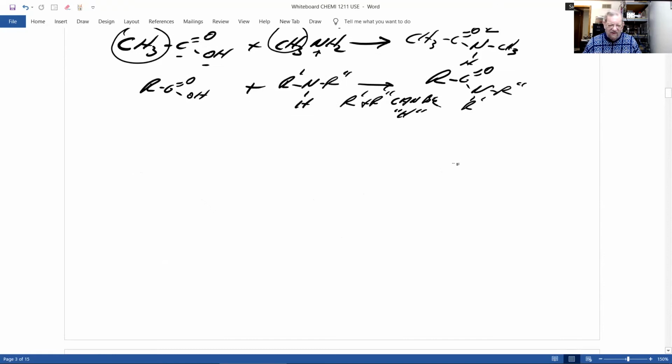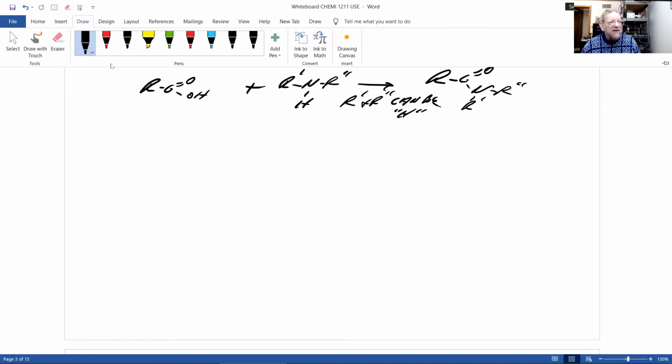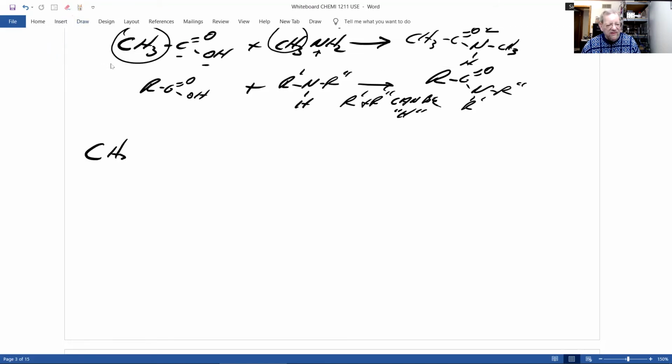Let me do one more. I just did methyl. And if we look at that, what do you see? We see, and I'll do this one, a carboxylic acid, carbonyl.